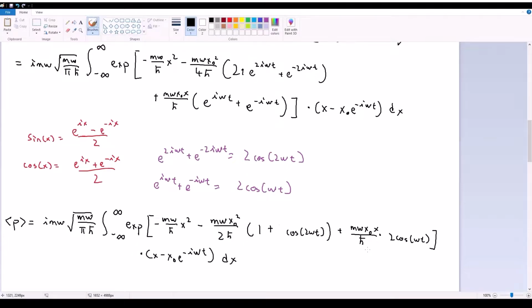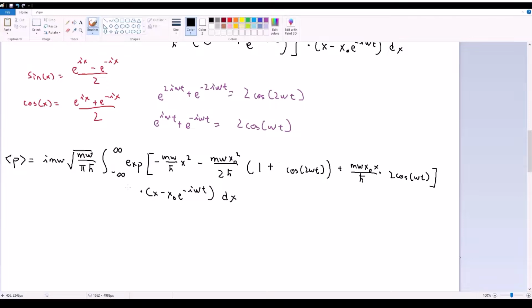At this point, I should be able to pull off the same cancellations I've been doing earlier in part C. Once again, this looks exactly like the expression that we had in part B when we were solving for the magnitude squared expression, this exponential here. So we already know how to simplify this.